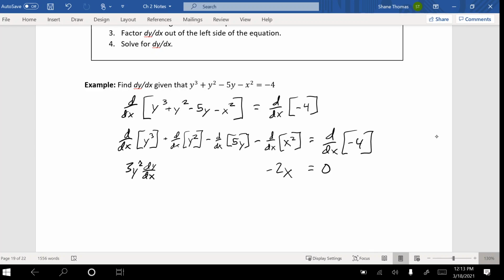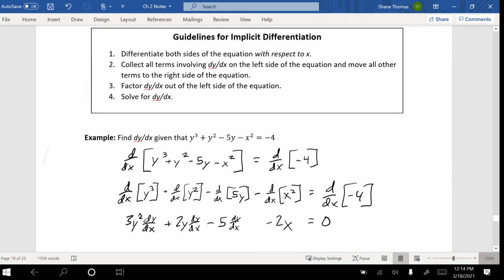Plus the next one, y squared, is going to be 2y dy dx. Minus 5y. What's that going to be now? 5 dy dx. Okay. So now we have each of the individual terms differentiated.